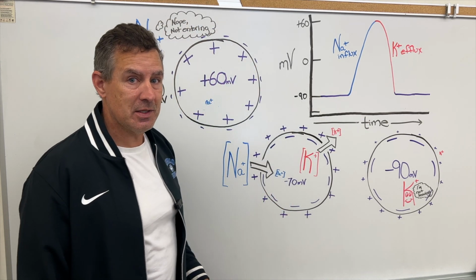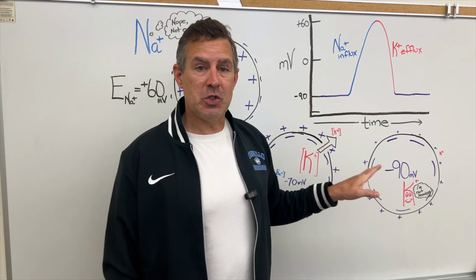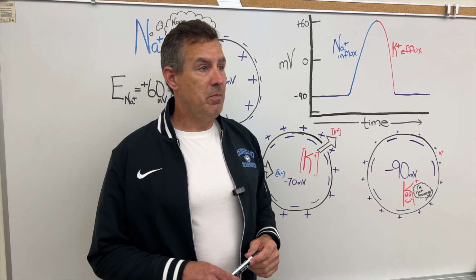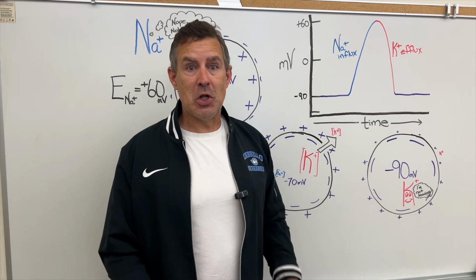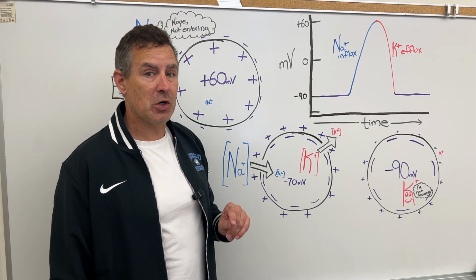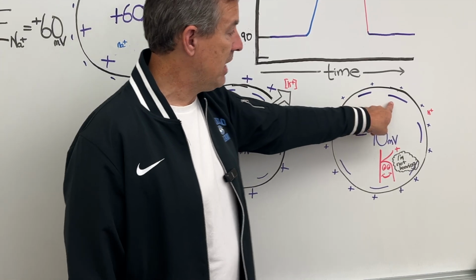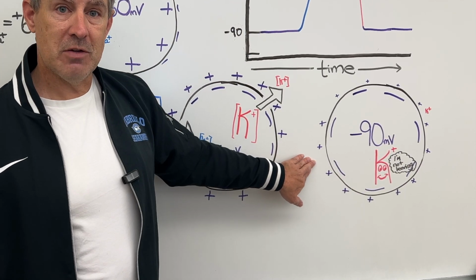And I say relative because I have this at negative 90. And we're also assuming that potassium leakage channels are open. So it's going to allow potassium to leave all day long as potassium wants to leave. And the point at which potassium no longer wants to leave is when the interior of the cell is so negative. We have these huge negative charges in here, small positive on the outside.